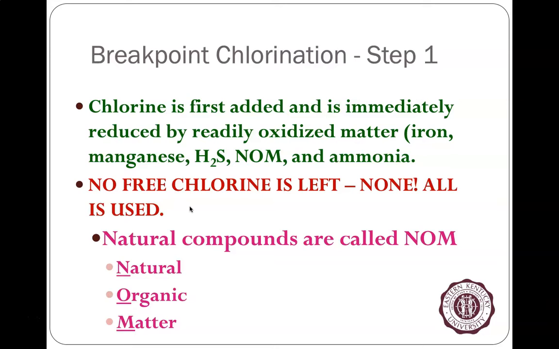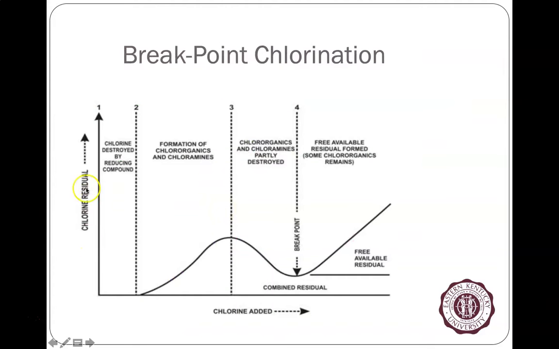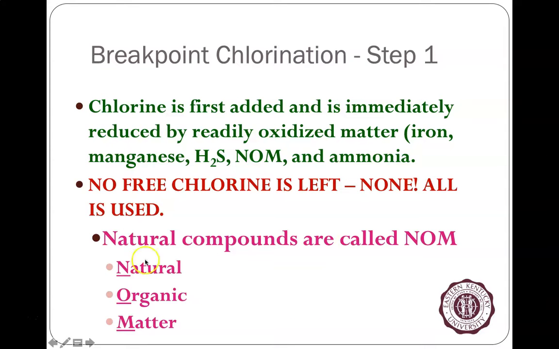Chlorine residual includes free chlorine, hypochlorous acid and hypochlorite ions, right? And it also includes chloramines. Free chlorine is not bound to ammonia. It's just the hypochlorous acid and the hypochlorite ions.